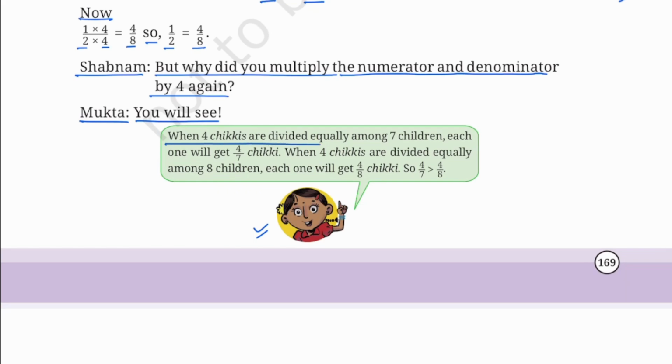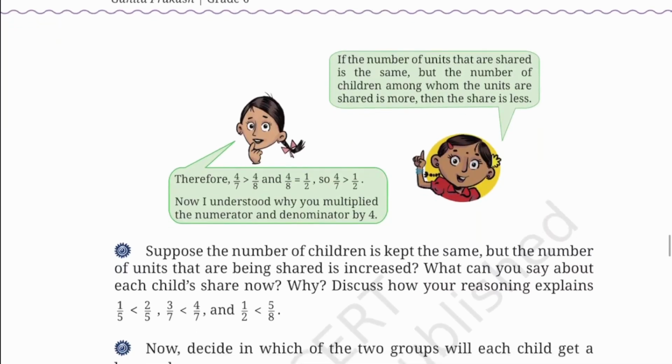This girl says, when 4 chickies are divided equally among 7 children, each one will get 4 upon 7 chickie. When 4 chickies are divided equally among 8 children, each one will get 4 upon 8 chickie. So 4 upon 7 is more than 4 upon 8. If the number of units that are shared is the same, but the number of children among whom the units are shared is more, then the share is less.